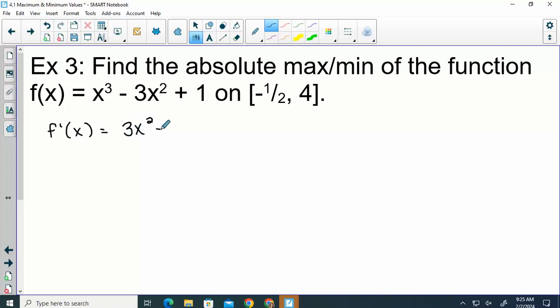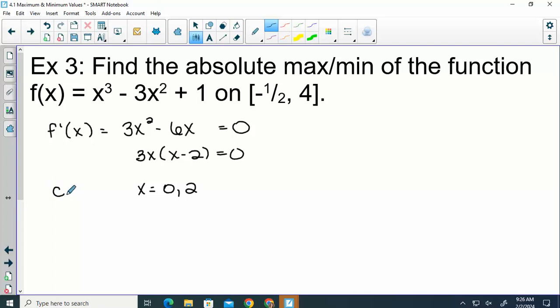So we get 3x squared minus 6x. And then what do I do to my derivative? What could you take out of that? I'm going to go ahead and pull out a 3x. So we get x equals 0 and 2.